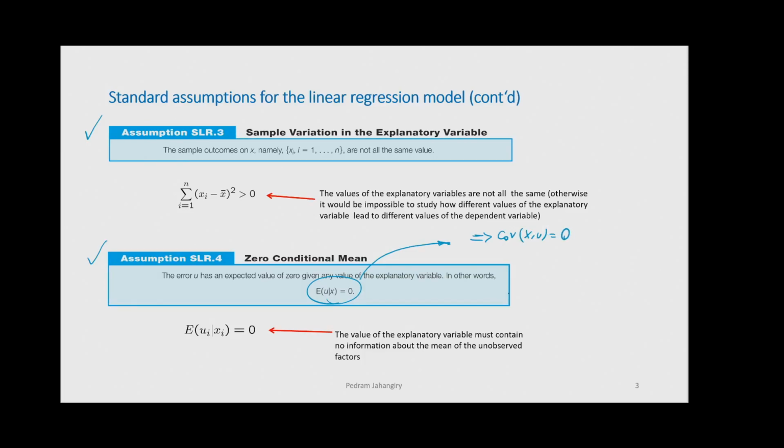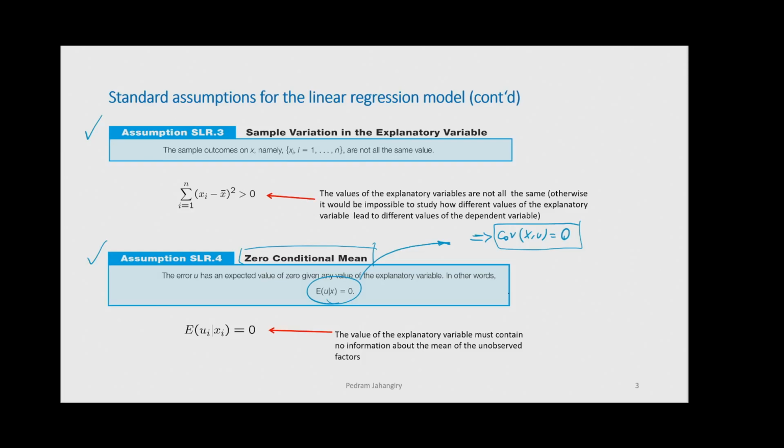Remember, strong independence leads to mean independence, and that leads to correlation or covariance equal to 0. So when we have the zero conditional mean assumption, automatically we get that the covariance between x and u is equal to 0.